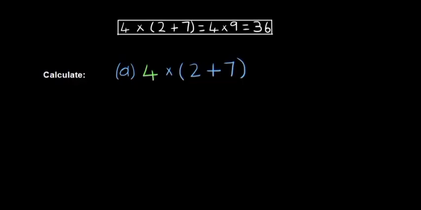So that means we're gonna multiply 4 by 2 first, and then we'll multiply this 4 by 7.